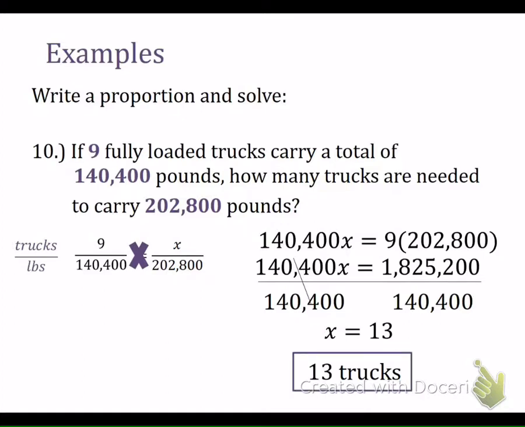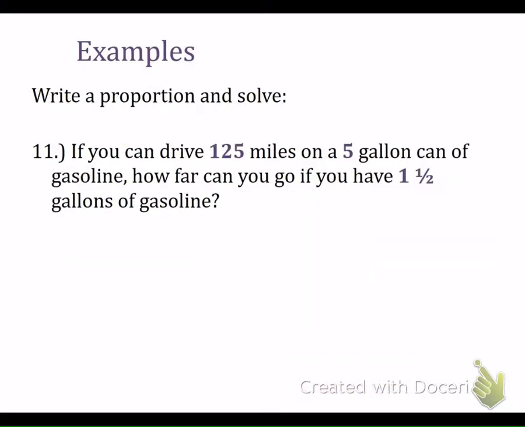When you ready? We good? Number 11. If you can drive 125 miles on a 5-gallon can of gasoline, how far can you go if you have 1.5 gallons of gas? All right. So what ratio do you think? Miles over gallon.